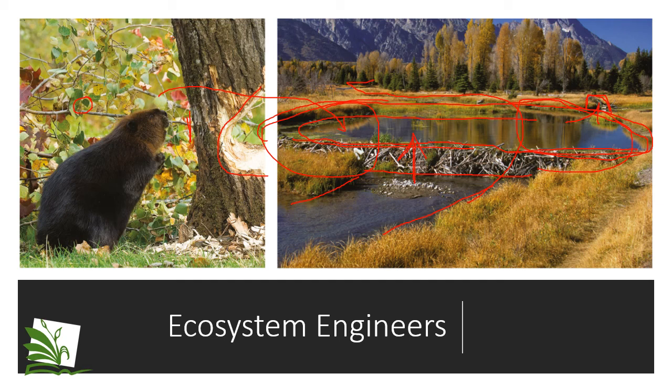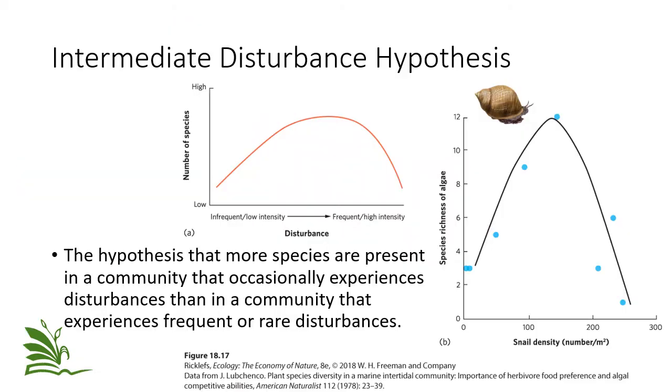So ecosystem engineers have radical impacts on environments and can create new communities by their very presence. The beaver created quite a disturbance there, created a whole new natural environment, and in fact has probably boosted species diversity in that particular region.